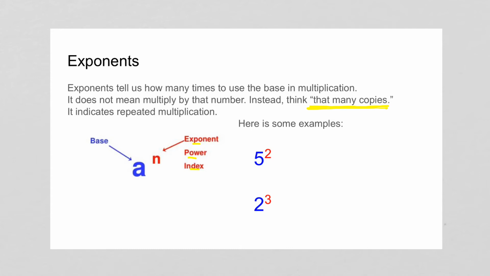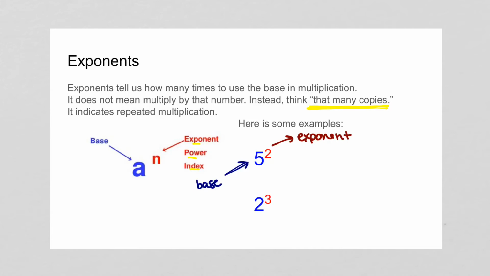So let's start by looking at our first example, which is 5 to the second power. Well, which one is our base and which one is our exponent? 5 is our base. Okay. And 2 is our exponent.